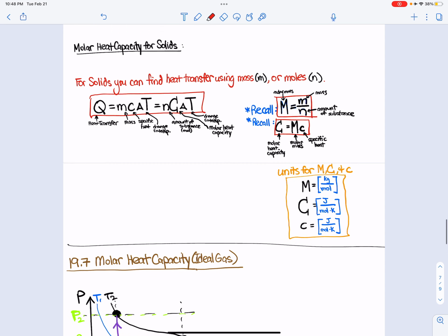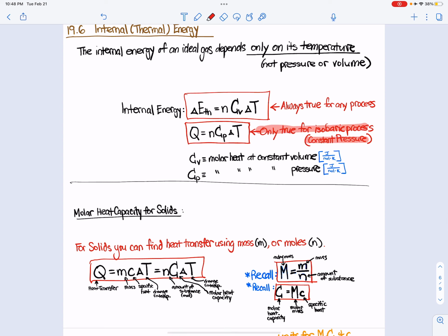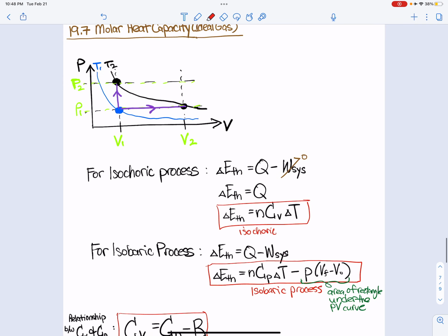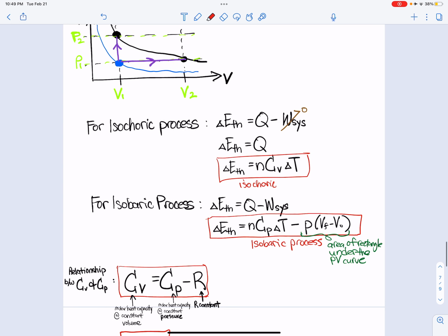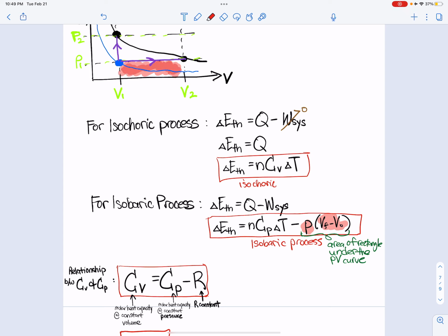For an isobaric process, Q is equal to moles times molar heat capacity at constant pressure times change in temperature, so let's substitute Q for n Cp delta T. And the work done by the system is the area of this rectangle, which is pressure times V2 minus V1.